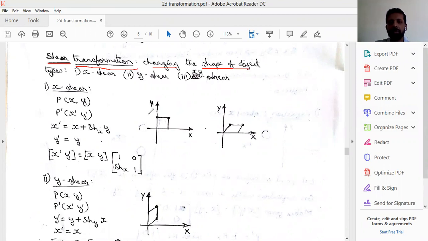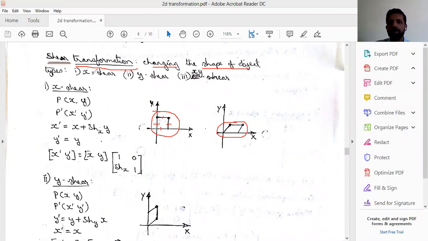Previously, if we look over here, this is the shape of the object, either a square or a rectangle, but once we do the shearing operation, the length of this line is not going to change, but the shape is going to change. What was previously like a square has now become a trapezium shape. So it is going to change the shape of the object.